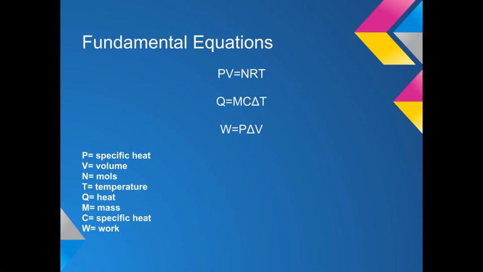Other fundamental equations you need to know for the process of heat engines are the three displayed. PV equals nRT is useful as it directly relates temperature to volume and can be used to find changes in volume and or changes in pressure, which are used in calculating work or heat, as you can also use the equation to calculate changes in temperature.